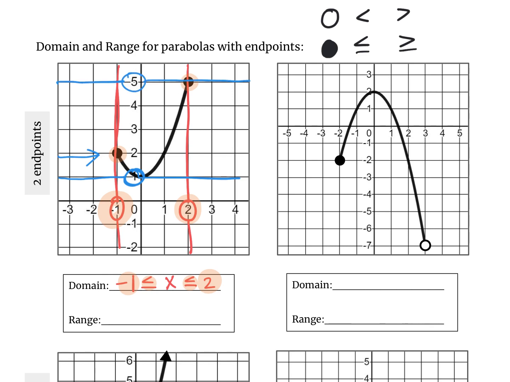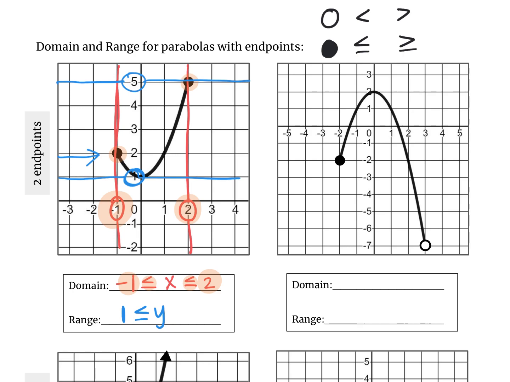So this is where we can kind of draw the box around it, okay? The same process here when we do the range. The lowest point, so the smallest, is 1. And because it's a vertex, it's included. It's like a closed circle. We're going to keep it as less than or equal to. And it's range, so it's your y values. And then at the top, we have another closed circle.